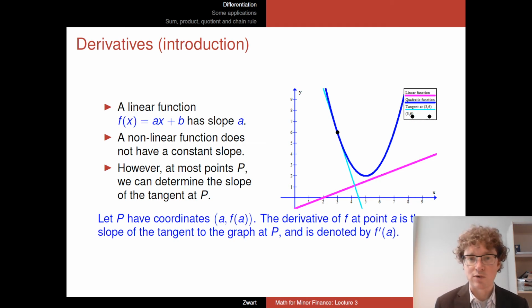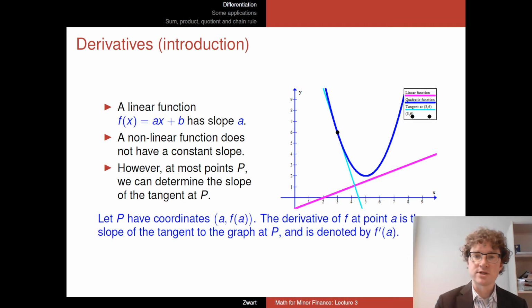So that's the y coordinate f of a. Now in that case, the derivative of f at this particular point is defined to be the slope of the tangent line to this graph at this point P. In this case, this light blue line. We will denote that slope by f prime, this little thing here is an apostrophe, we call it a prime, f prime of a.